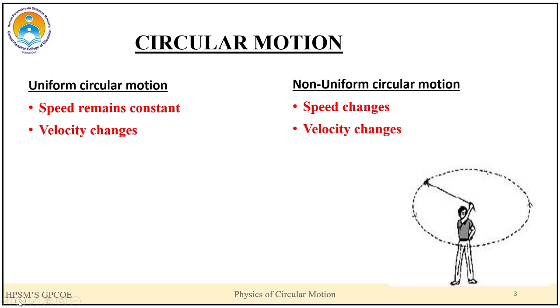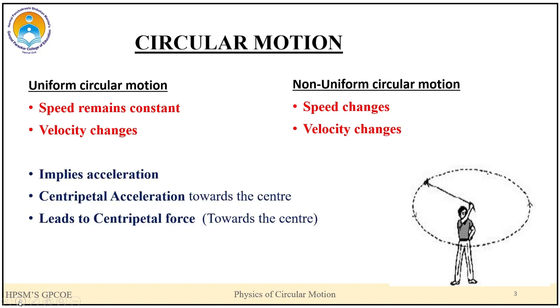In uniform circular motion, velocity changes as in non-uniform circular motion, because at each point the direction changes. That's why velocity also changes. If there is change in velocity, there will be acceleration, and that acceleration with respect to the circular motion will be called centripetal acceleration, which will be towards the center.